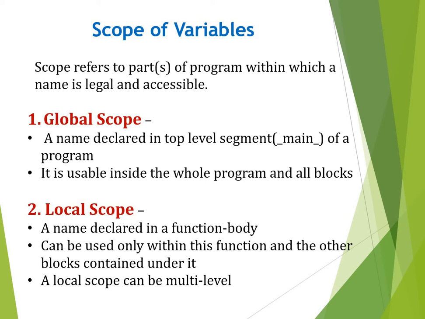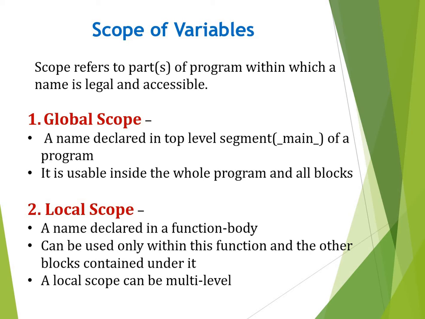So in the example, the general ticket is considered as global, because with the general ticket the person will be able to visit all the monuments. So global scope is a name declared in the top level segment, that is the main of a program, and it is usable inside the whole program and all the blocks inside the program.